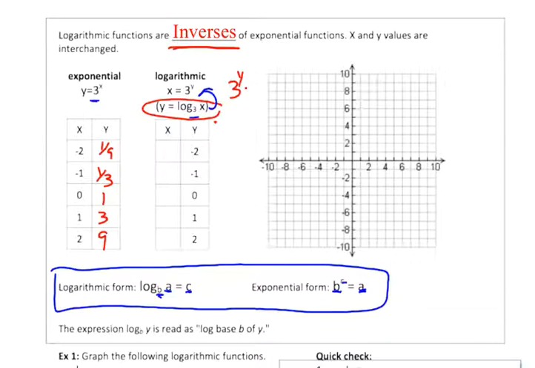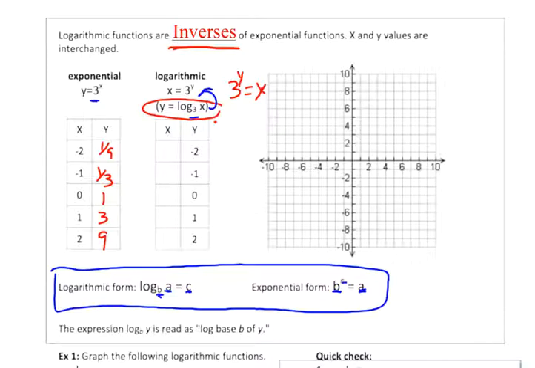And now this exponential will equal x. If I was trying to find values for this, 3 to the y equals x, I would want to plug numbers in for the exponent, for the y value. If you see my table here, now my y has the negative 2, the negative 1, the 0, the 1, and the 2.